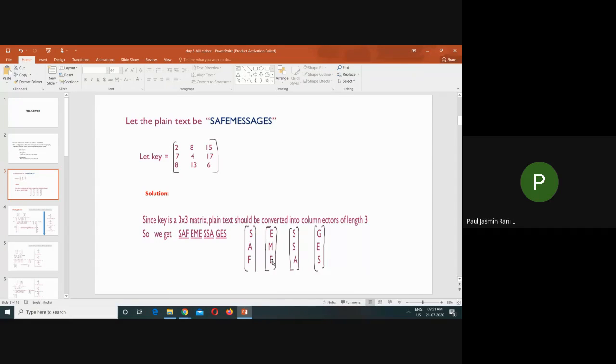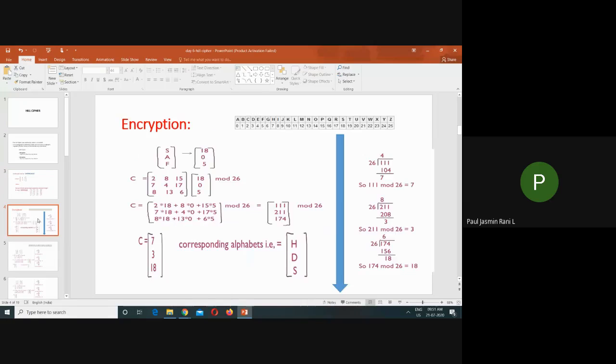So you're doing your second one, EME. Follow the same procedure. First find the numerical value, that is the numbers for this EME. Next, the formula: C is equal to the key matrix, a 3 cross 3 matrix, multiplied with your plain text EME.